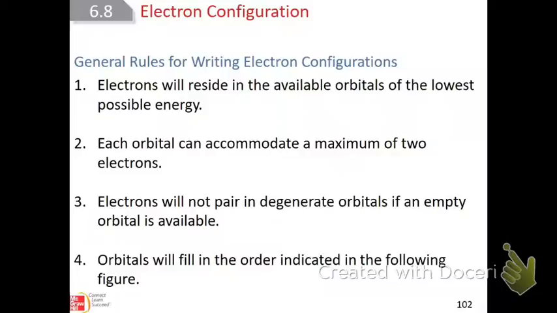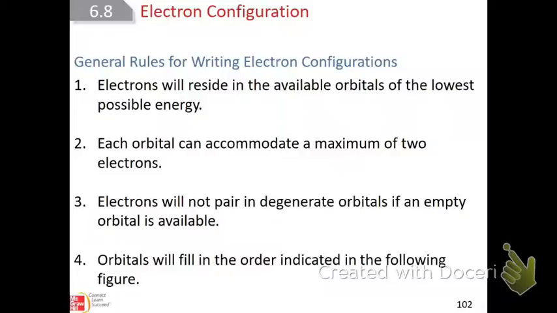In other words, this is going to hold for your p's and your d orbitals only. If there are 3 p orbitals and you have 2 electrons, one goes in one of those p orbitals and another goes in a separate p orbital instead of having both of them in the same p orbital. They're going to have their own room, if you will, if it's possible.